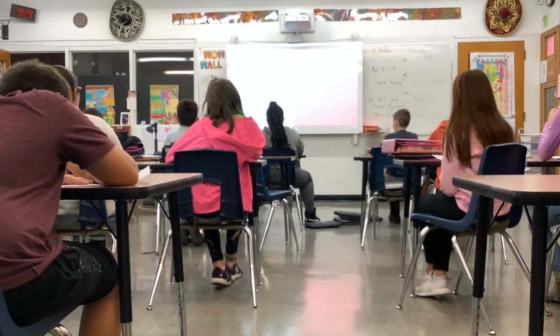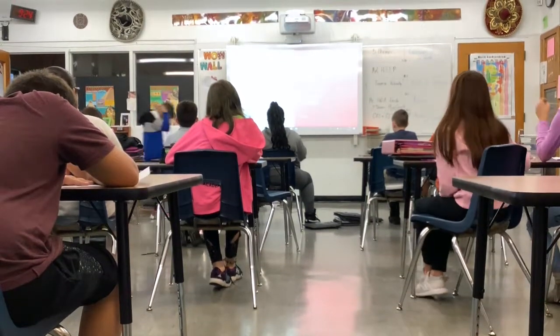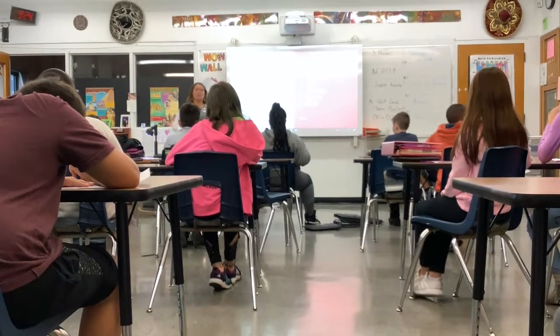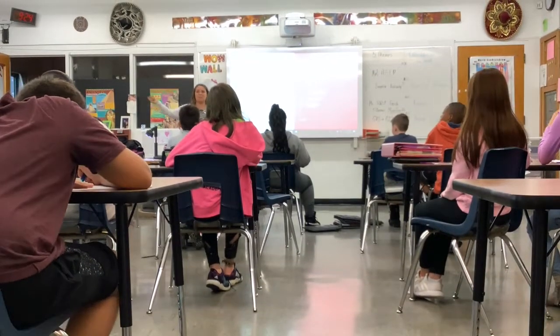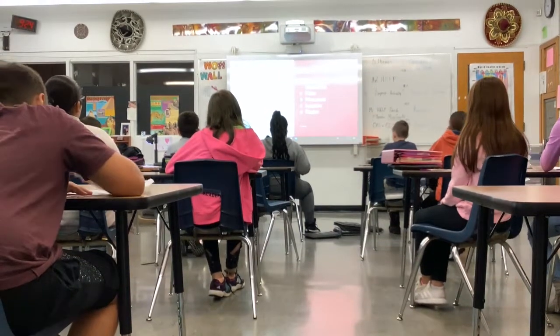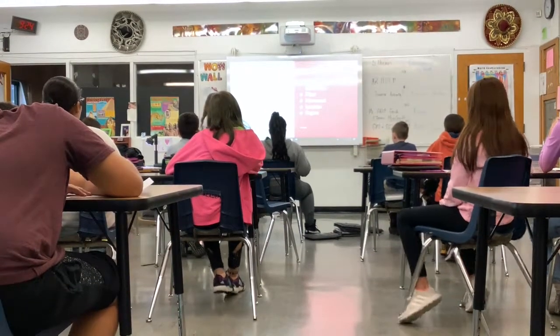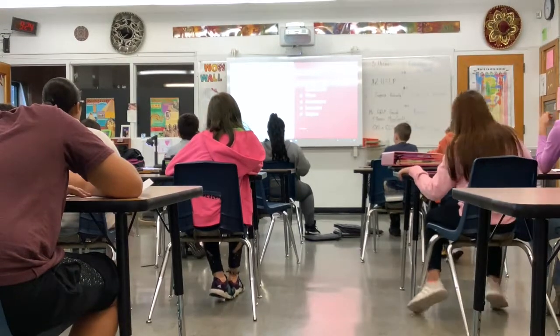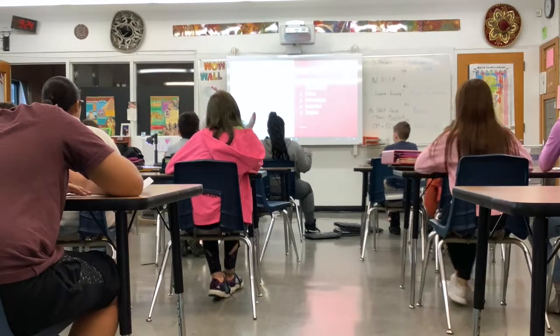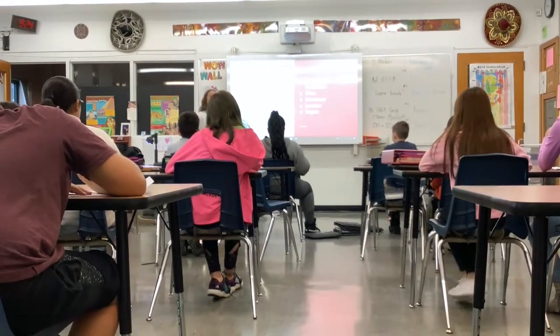The 5 themes of geography are human environment interaction. So that is how we interact with the environment and how the environment interacts with us. Place, movement, location, and region. So place, Wilson is a place. It exists, it's a building, here we go. Movement.